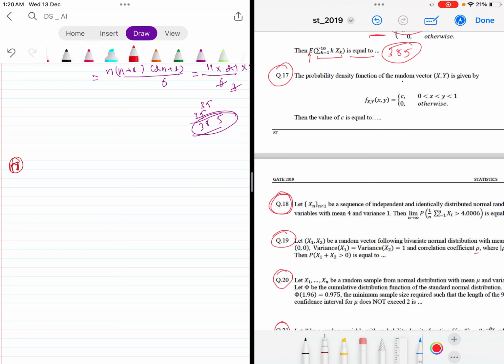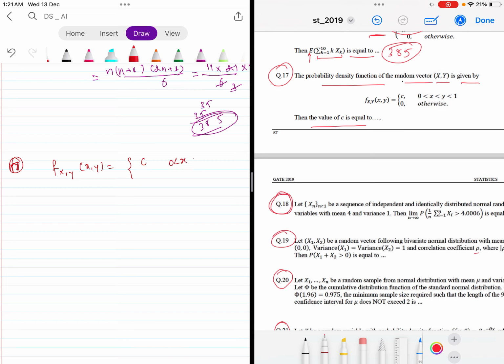The probability density function of random vector XY is given by f(x, y) equal to c when x is greater than 0 and y is greater than x and less than 1, and 0 otherwise.